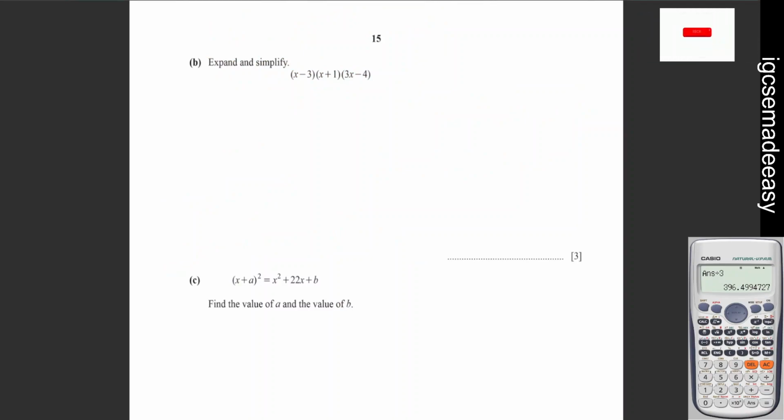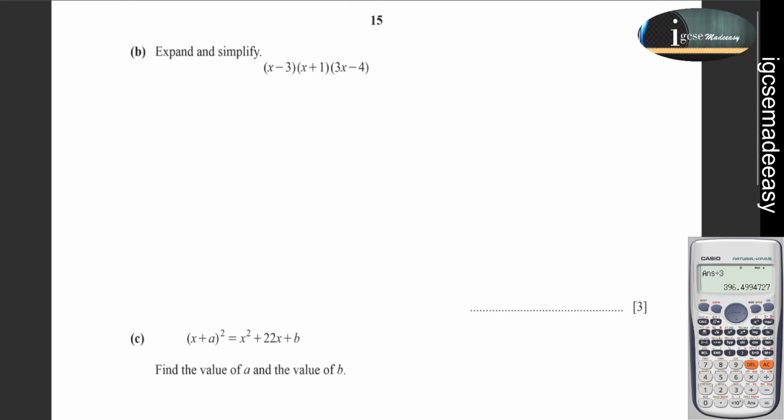So part B, actually we have to expand this and we have to simplify this one. So let me expand this question and simplify it. So what we can do is first simplify this too. So let's expand the bracket and simplify.